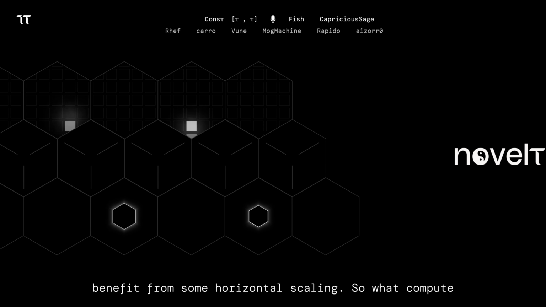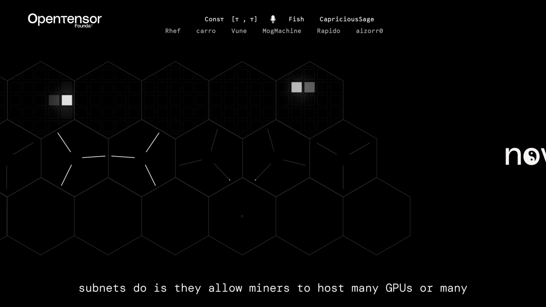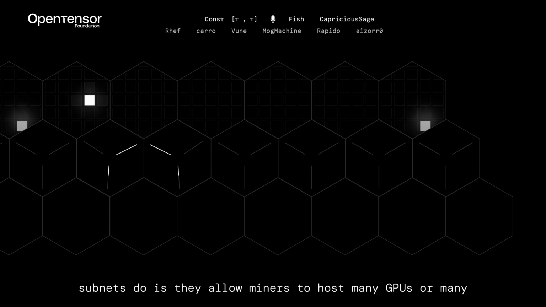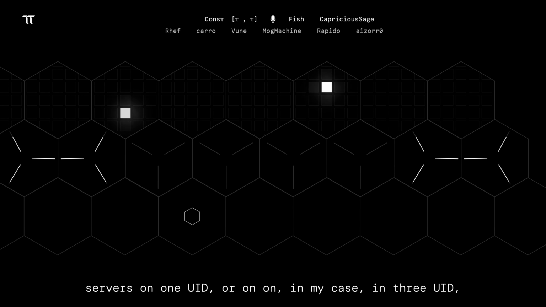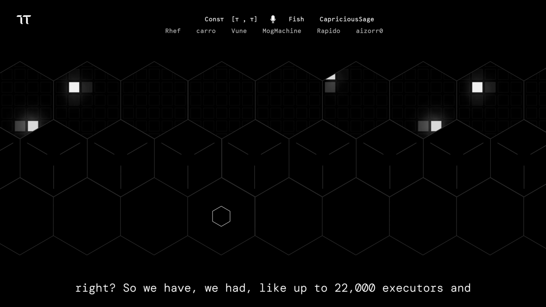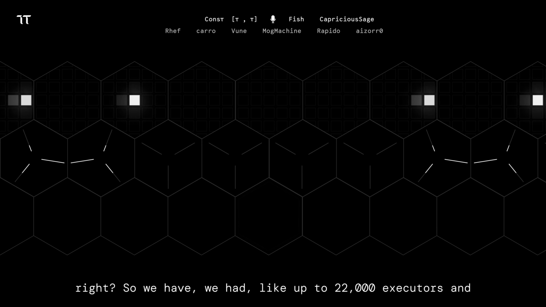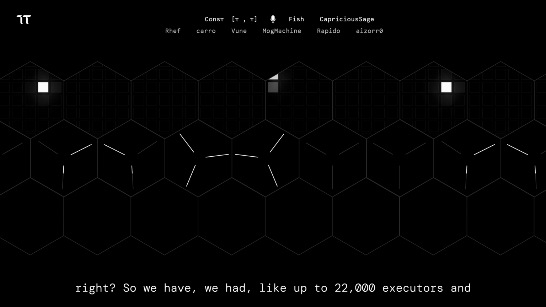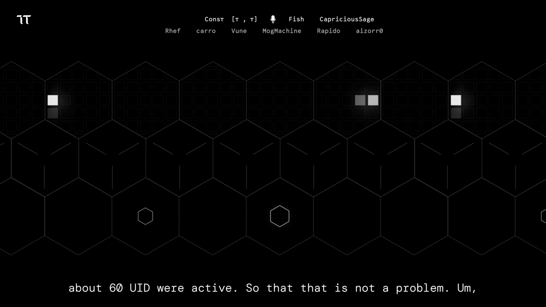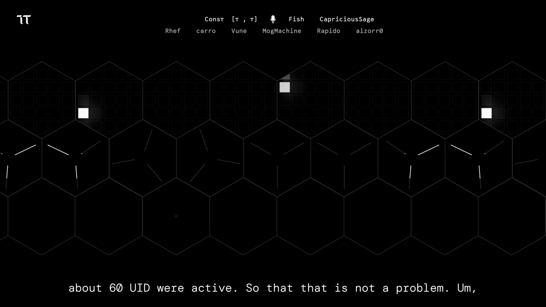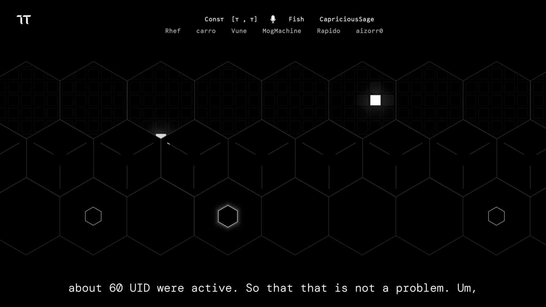What compute subnets do is they allow miners to host many GPUs or many servers on one UID, or in my case, in 3 UIDs, right? We had up to 22,000 executors, and about 60 UIDs were active. So that is not a problem.